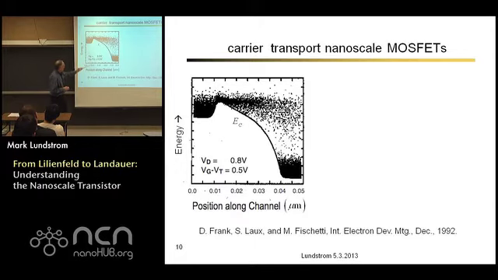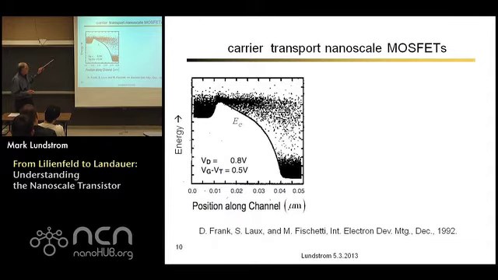And in 1992, this is a 30 nanometer channel length MOSFET that was made. Nobody ever thought we would make 30 nanometer channel length MOSFETs. They thought, this is just some kind of academic exercise. Now we have them smaller in manufacturing.